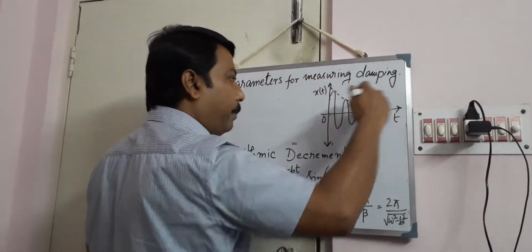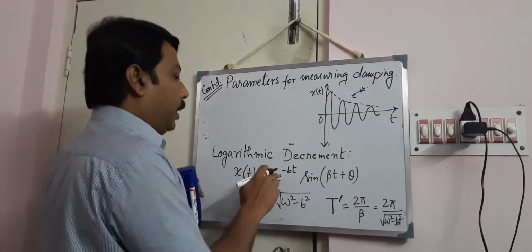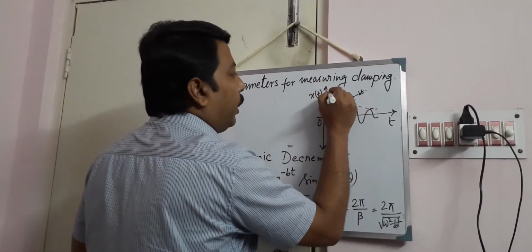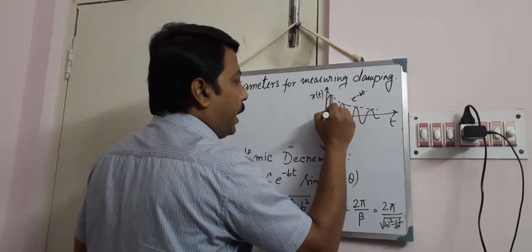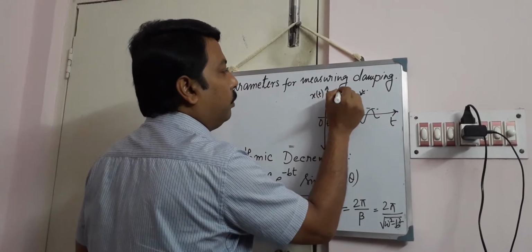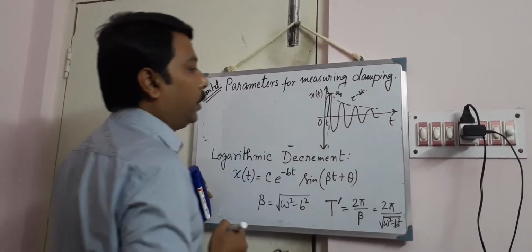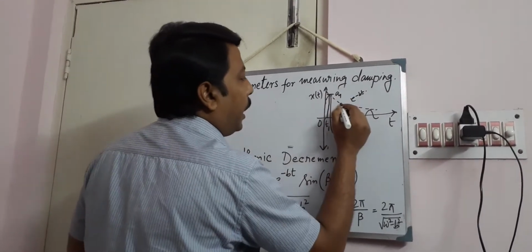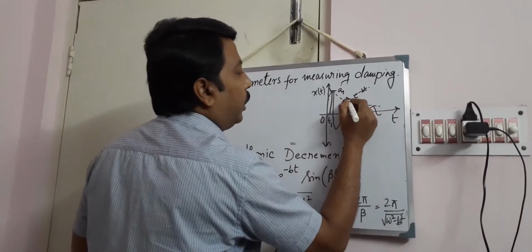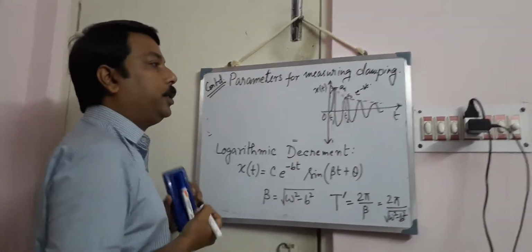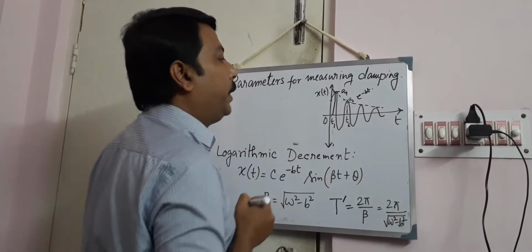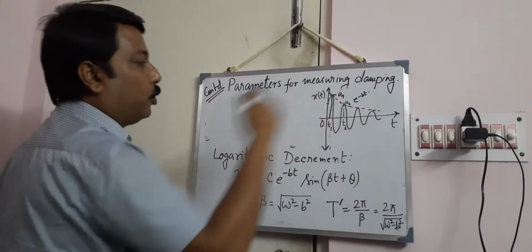So this decay of amplitude is exponentially decreasing in time. Now let us say that at time t1 the amplitude value was a1. Again, at some time t2 it has reached another amplitude, but now it's a reduced amplitude and its value is a2, and so on.